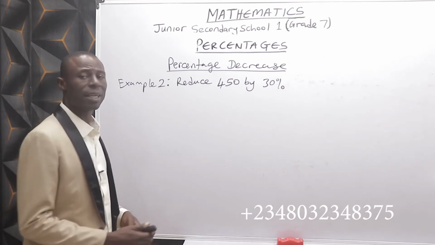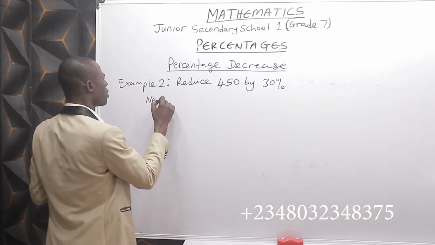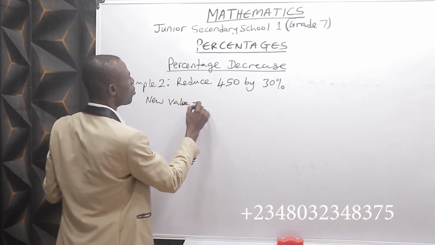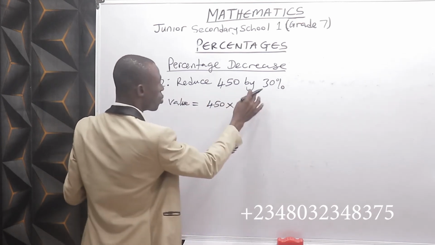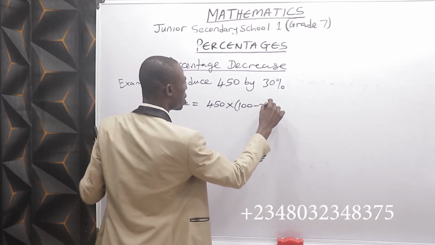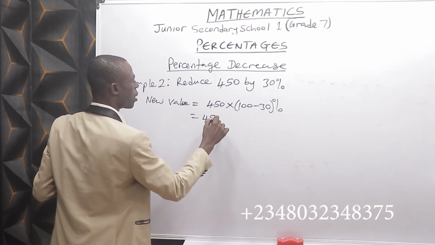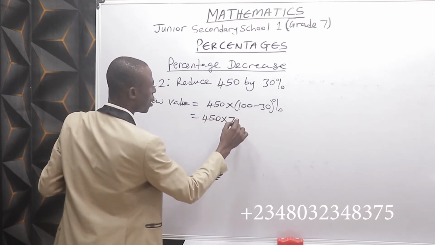Let's consider this example 2. Reduce 450 by 30%. That means the new value will be equal to 450 times, since we are reducing it, 100 minus 30%. That is 450 times 100 minus 30, that is 70%.